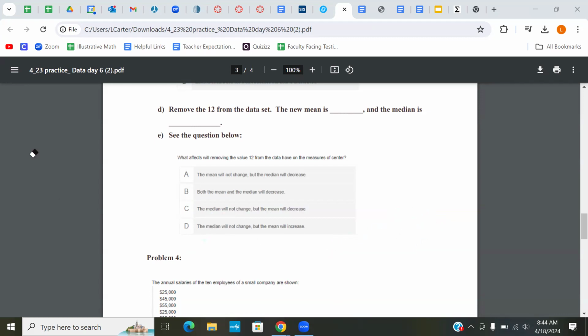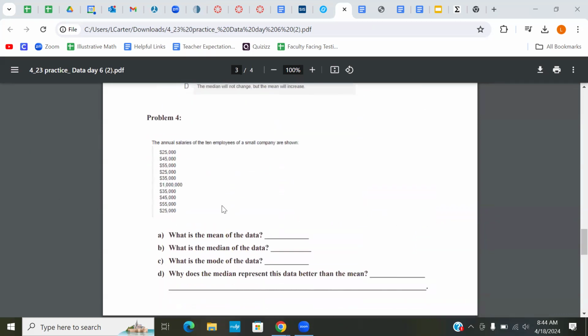Now this next one here is another good example of why this process we're doing here matters. The annual salaries of 10 employees of a small company are shown. What is the mean of the data? If you add all those numbers up, you're going to get 1,345,000. Now we need to divide it by how many people we're dealing with here, which is 10.